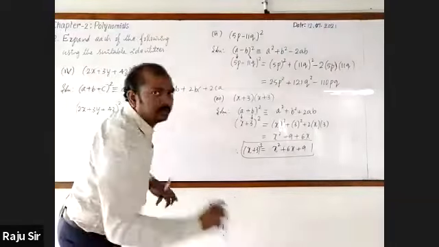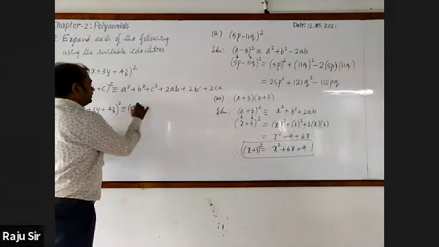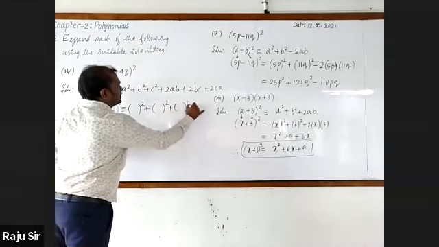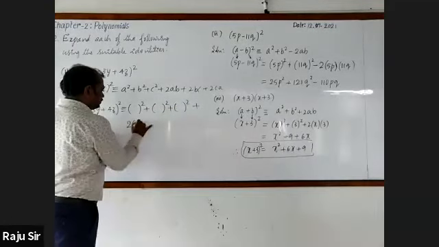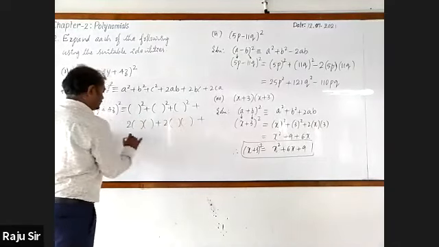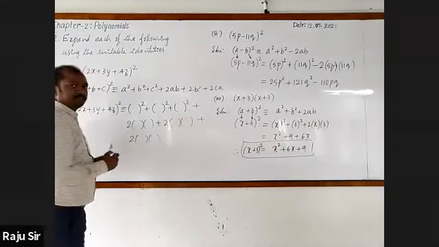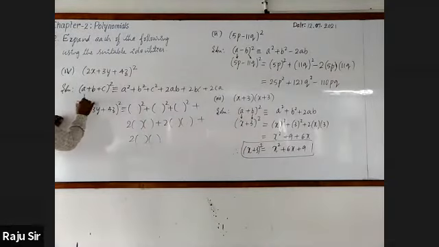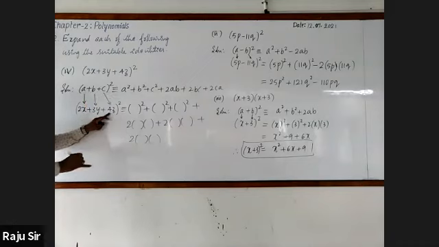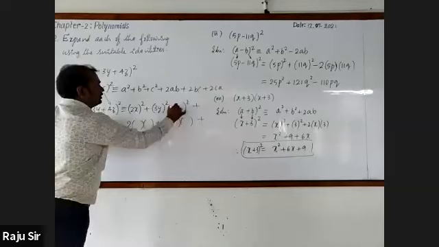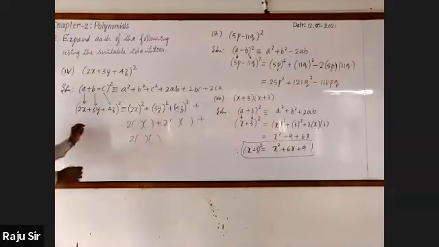For your reference I'm writing A square plus B square plus C square plus 2AB plus 2BC plus 2CA. In place of A write 2x, in place of B write 3y, in place of C write 4z.